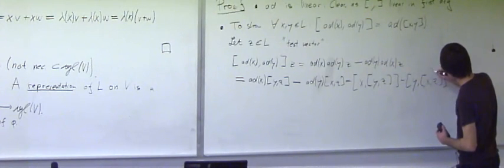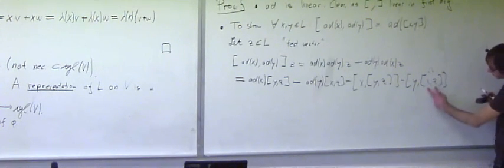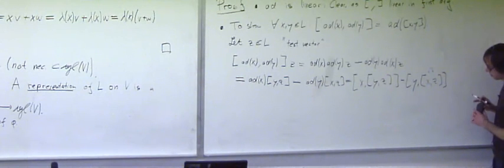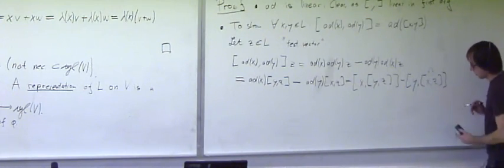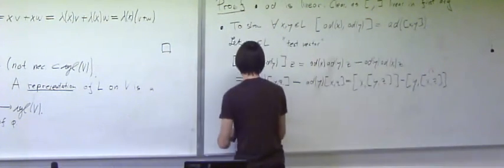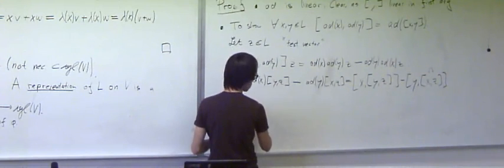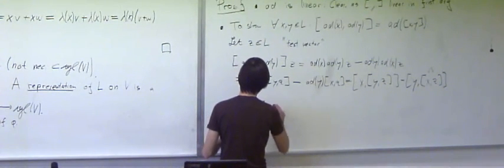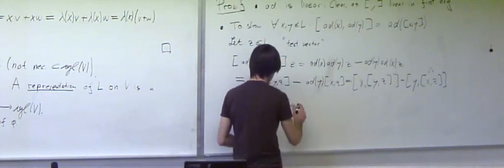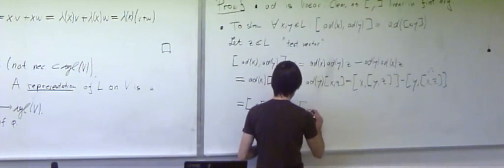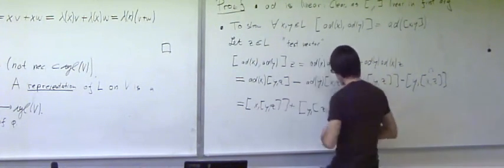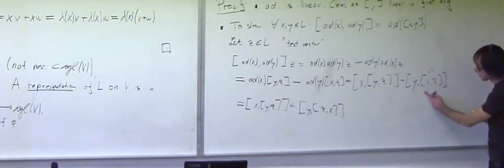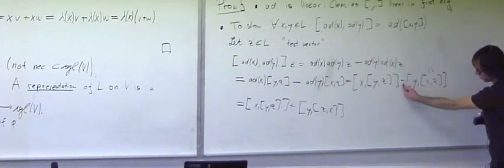So let's just switch these two variables, and then by the property of being alternating, the minus sign vanishes, and we get [x,[y, z]] plus [y,[z, x]]. First I use that it is alternating, and then that it's linear in the second argument to get the minus 1 out of the exterior bracket and to cancel with this minus.